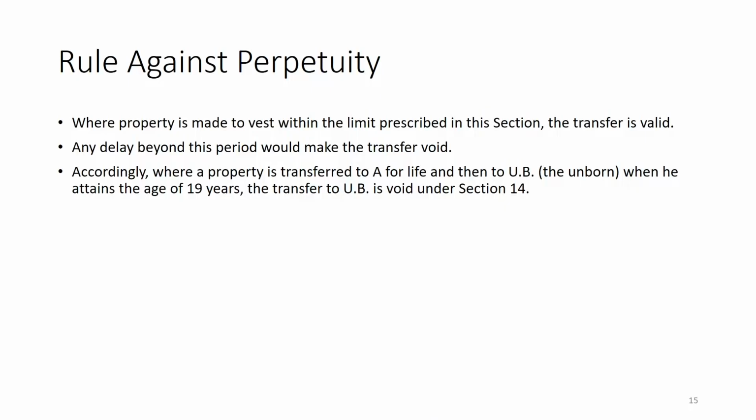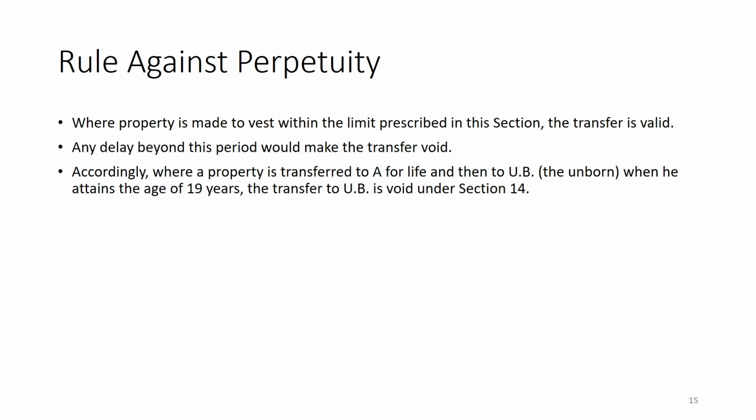Okay. Otherwise, as I told you, there will be a break and an ultimate break of the chain, and ultimately it returns to the original owner. So here, where the property is transferred to A for life, and then to the unborn child up to the 19th year.